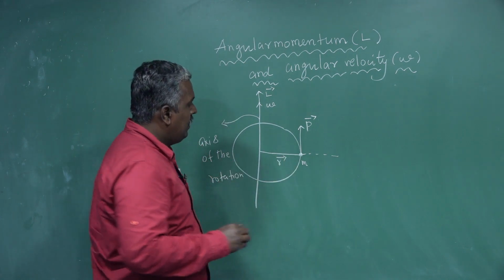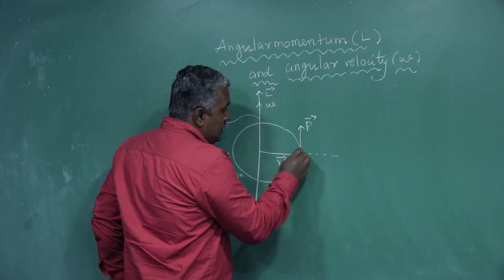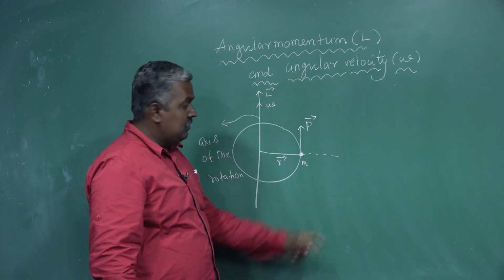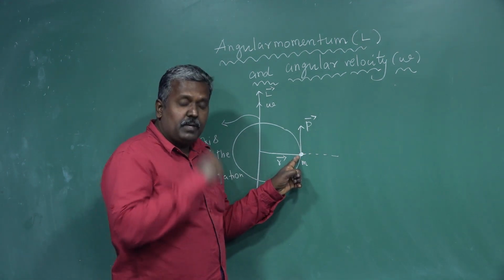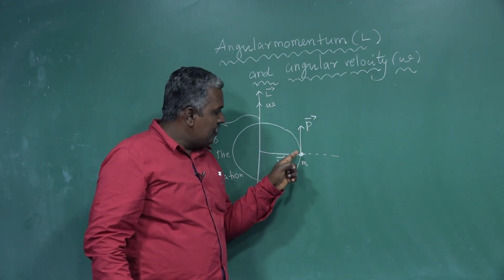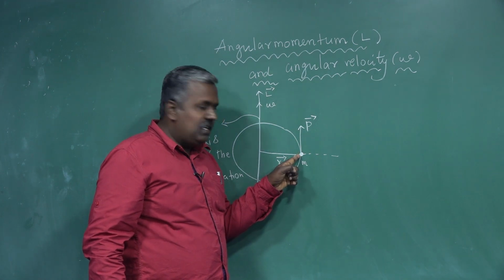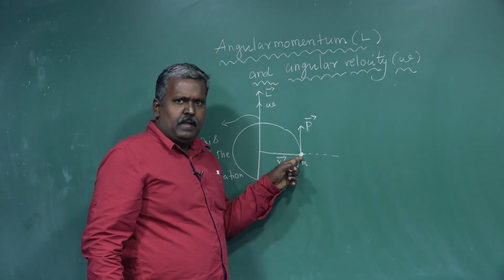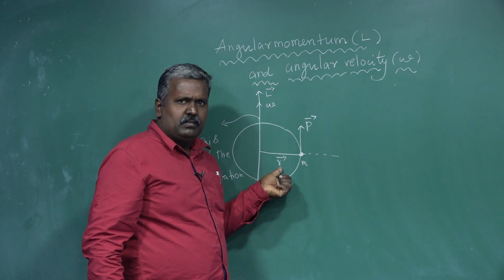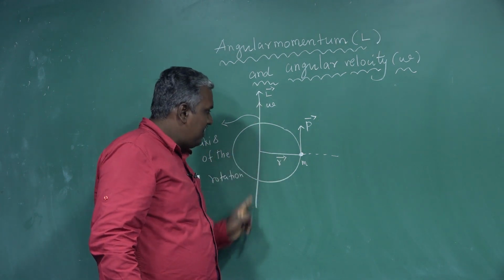Then here, this is the point mass. What is this? Point mass. So the point mass of the rigid body is here at a distance r from the axis of the rotation.